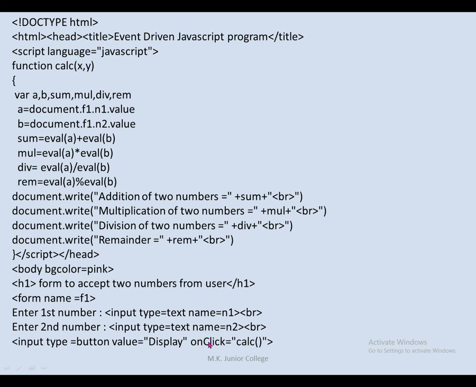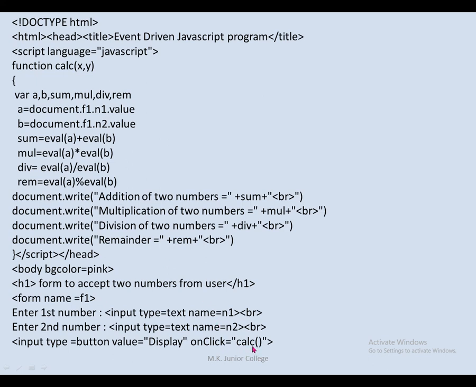So this way, when the user clicks on this button, you are calling a function named cal. Your program flow will search where cal is written. It will search in the header part. Yes, the function it got is cal, and according to the steps, it performs all the steps and displays the output.